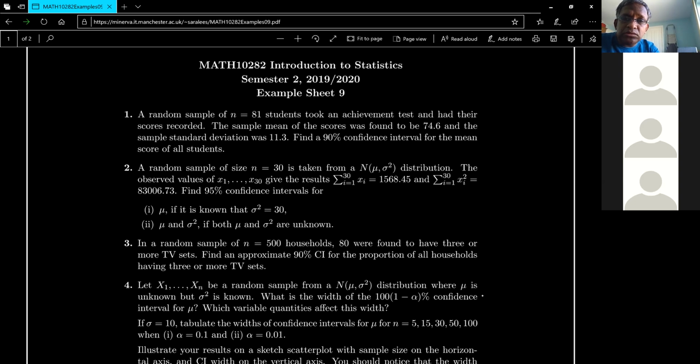The question is to find a confidence interval for mu when sigma squared is known, and for mu and sigma squared when sigma squared is unknown. Okay, guys, can you take a few minutes and see if you can do question 2?